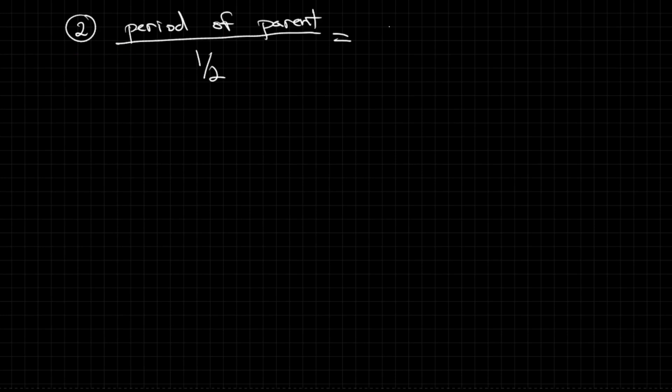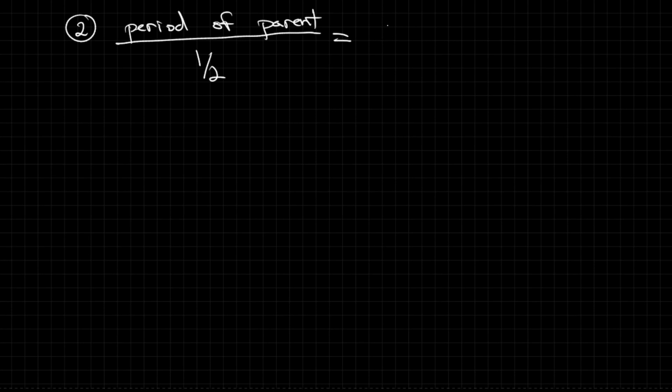And now the period of the parent function was cosine of t. And the period of cosine of t is 2 pi. In fact, in this section, when we're talking about sine of t and cosine of t, the period of the parent will always be 2 pi. But you'll see later that there are some trigonometric functions which do not have period 2 pi.